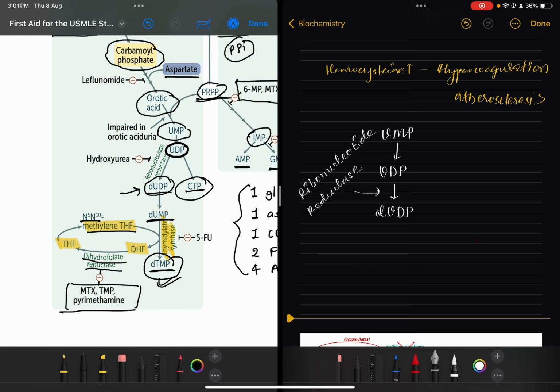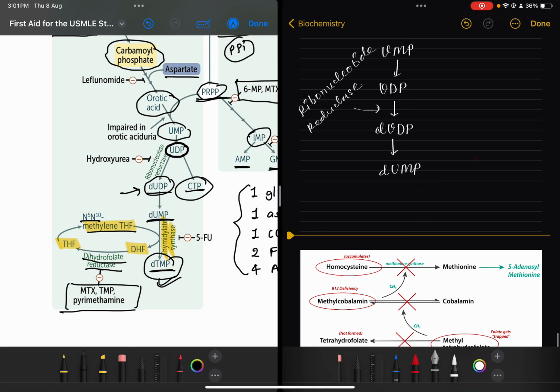Then it will be converted into dUMP, and after that it will get converted into dTMP, and here our folate will be useful.